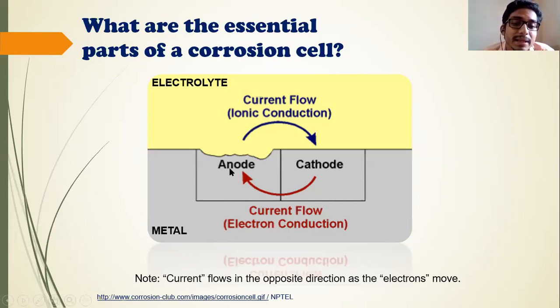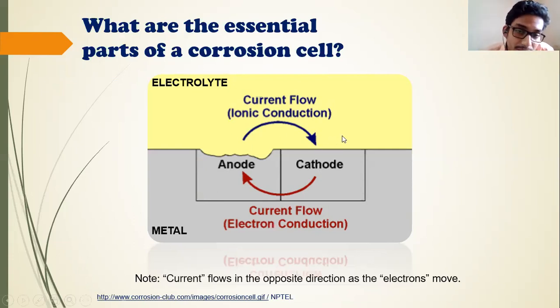So there is automatically a generation of two potentials in the same metal, and these two potentials act, one as anode and another as cathode. From the cathode the current flows to the anode, with electronic conduction in the metal and ionic conduction through the electrolyte.